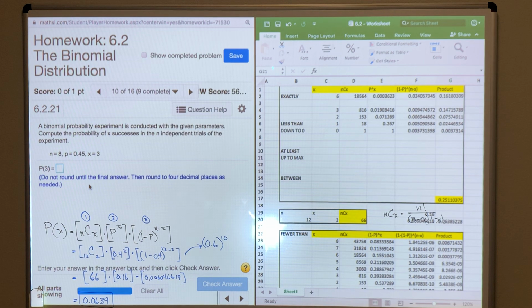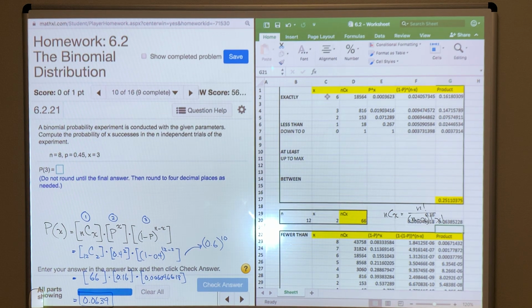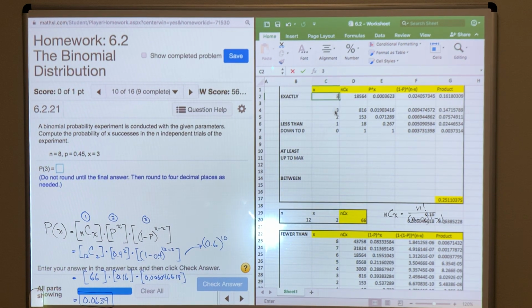Okay, so let's actually come over to my spreadsheet and take a look here. So I've got x here, okay? And I'm going to put in the x value that I have for my problem. My problem is a 3, okay?